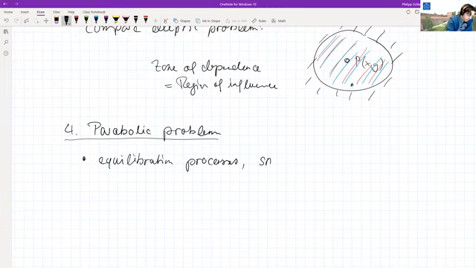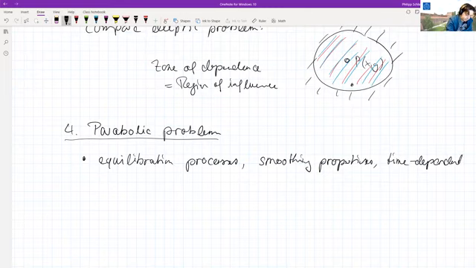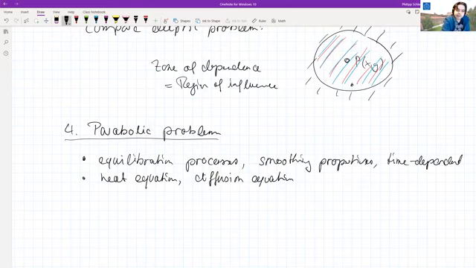It is typically processes that have smoothing properties, and it's typically time-dependent. The typical example would be the heat equation, or a diffusion equation. These are typical examples of parabolic equations.